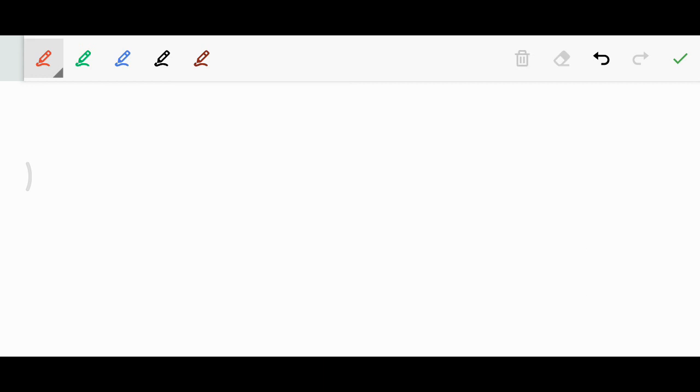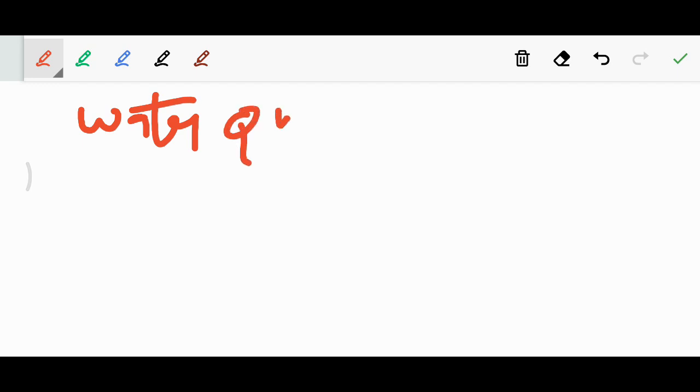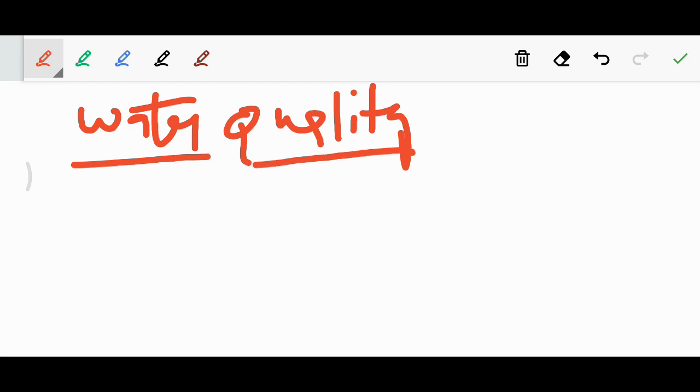So next we have water quality. How do you test the water quality? I want to test the water quality, but how?